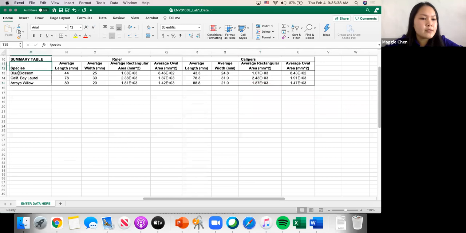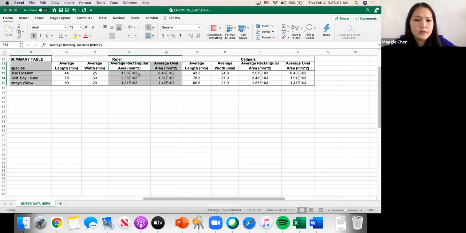So we're going to want to select these cells on the end, our leaf species, and to select cells that aren't right next to each other in the column, it depends on your keyboard, it's either Shift or Command. For my keyboard, it's Command. After you've selected it, I'm going to hold down the Command key and select the average rectangular and average oval area and the data here, and then I'm going to release my Command key.